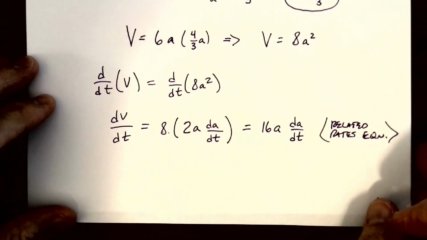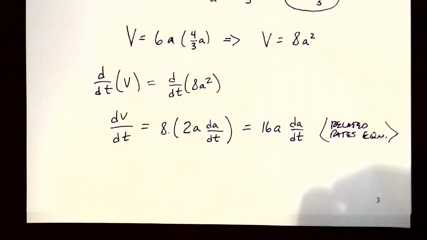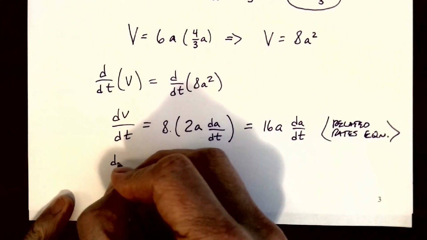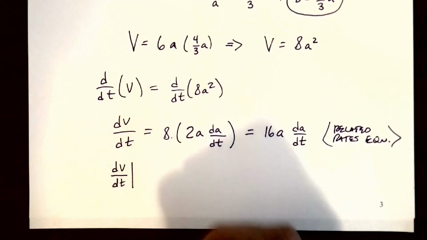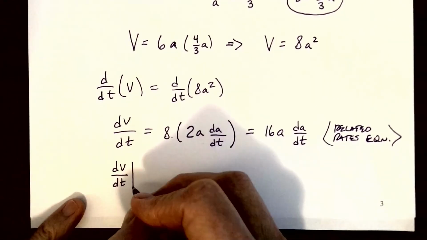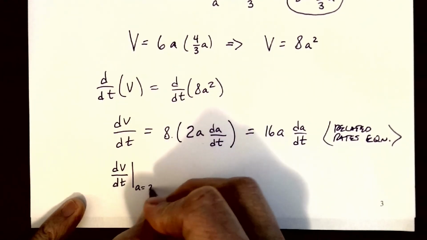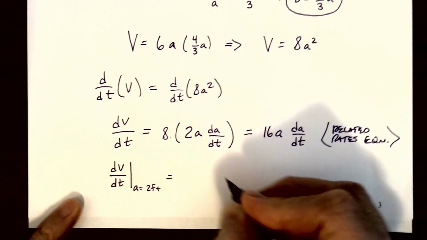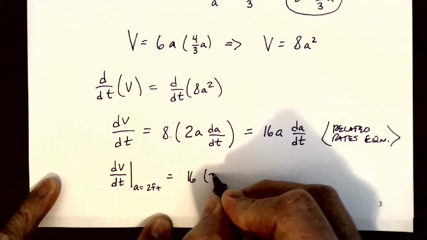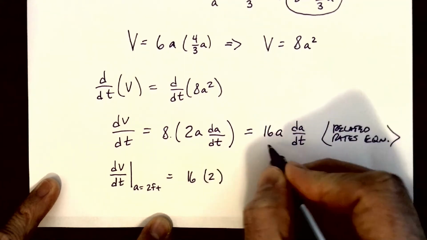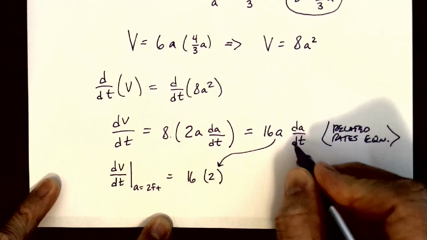So let's take a look at this now. If I want to find the rate of change with respect to time at the instant that A is 2 feet, what do we get here? Well, I'm just going to plug in 16. A is what? 2 feet. Right. And what's dA dt?